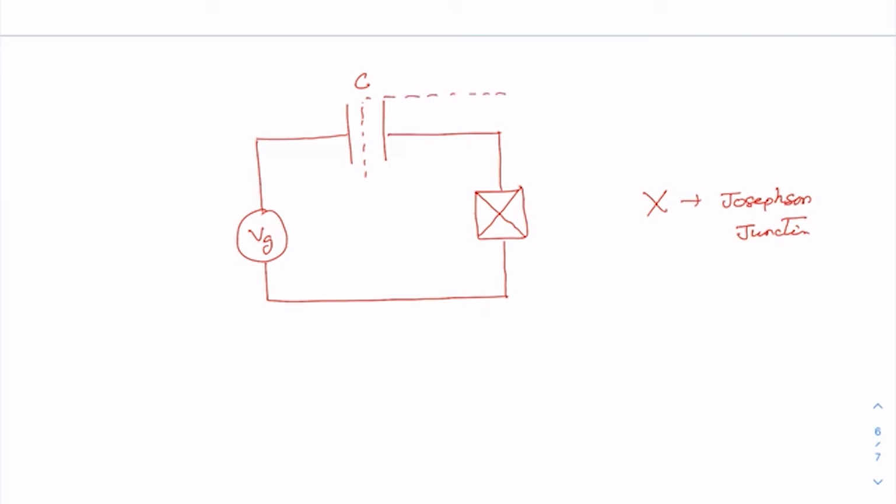Between this is the gate capacitor and the junction capacitance. So this is how a Cooper pair box is represented in a circuit. And this is the gate voltage.